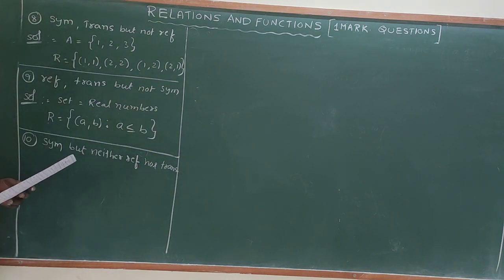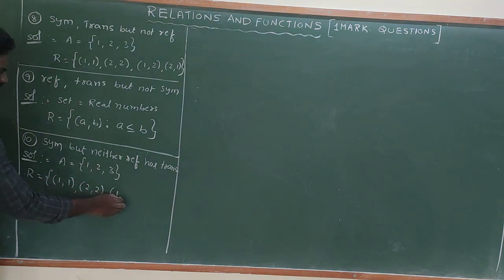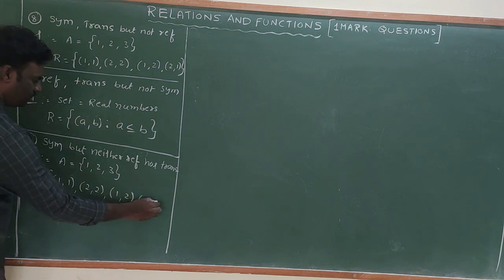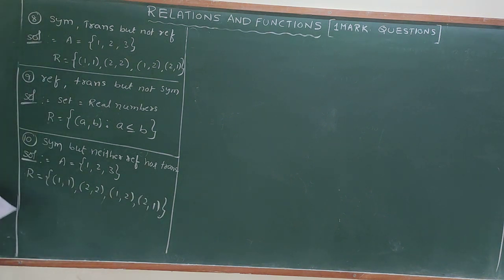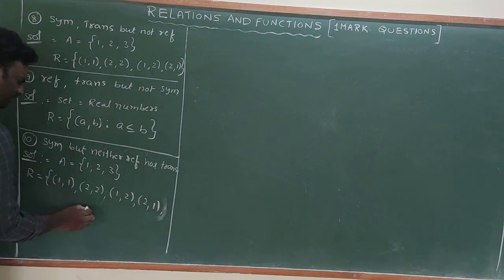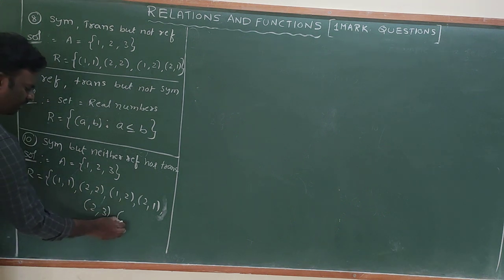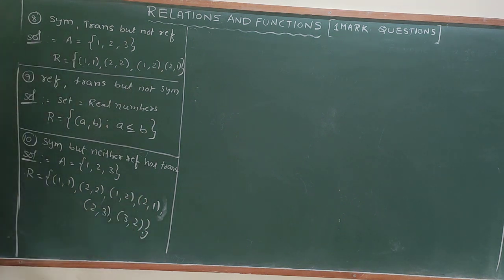I will take the set {1, 2, 3} and I am taking the relation (1,1), (2,2), (1,2), (2,1). One more pair I am taking: (2,3), (3,2). Enough. We will check it.